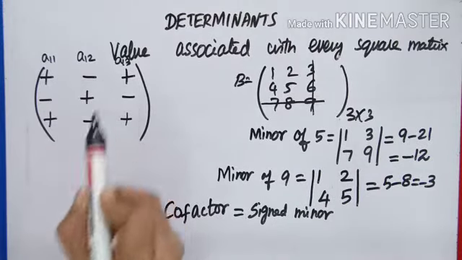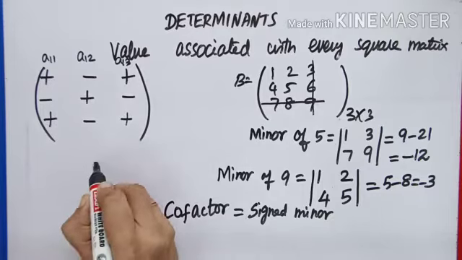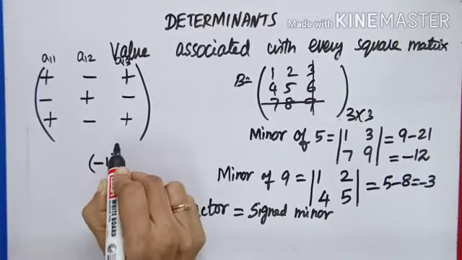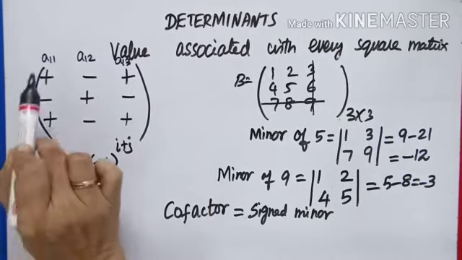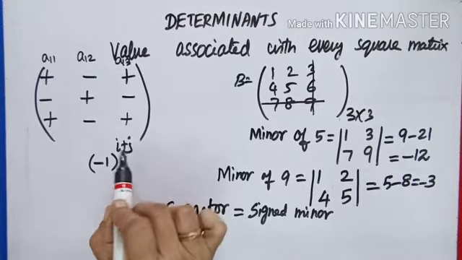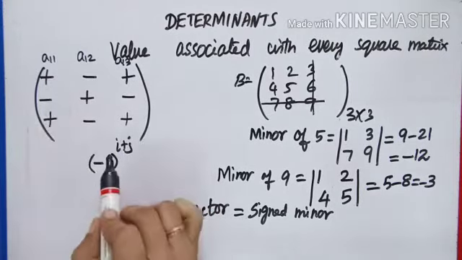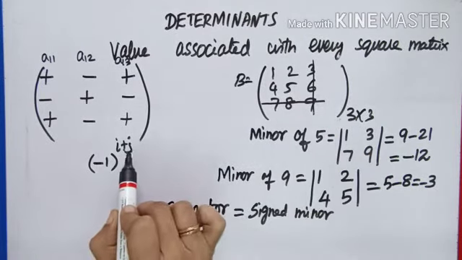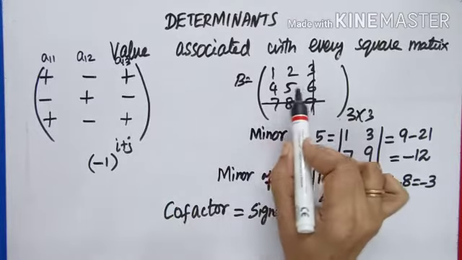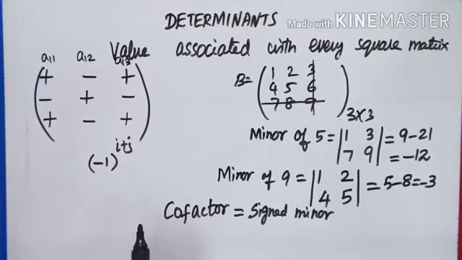Plus, minus, plus. How does it come? We put minus 1 power i plus j, where i stands for the row and j stands for the column.